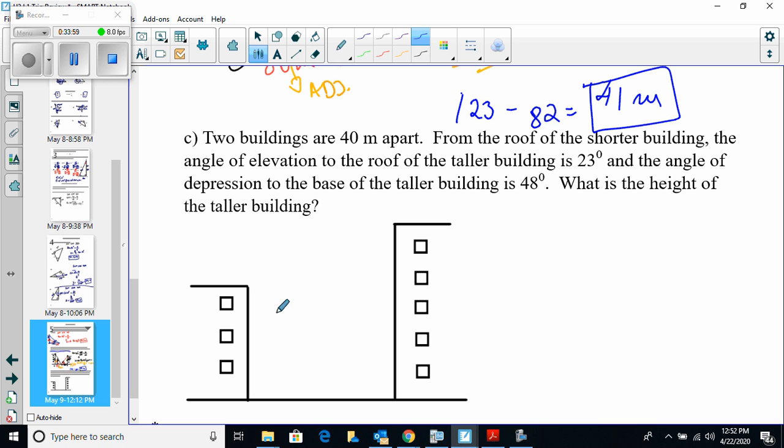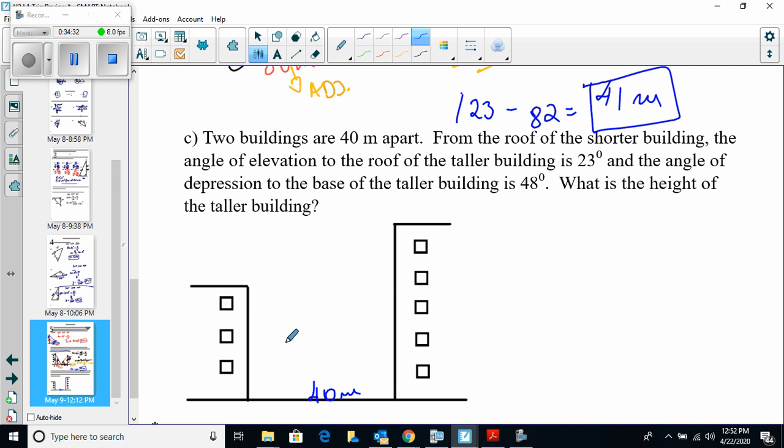Next one is two buildings that are 40 meters apart. So now from this point to this point here is 40 meters. From the roof of the shorter building, the angle of elevation to the roof of the taller building is 23. So again, I will draw what we have here. So this one here is 40 meters.